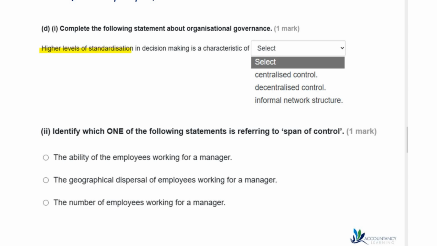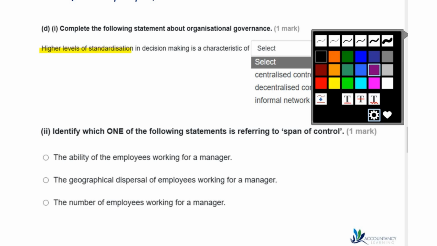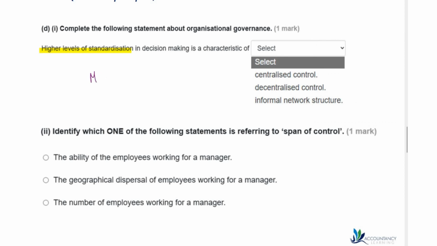So when we're thinking about standardisation, it means that it's managed largely the same way. So there's processes in place, there's procedures in place, and so therefore it will be easier to bring about process and formalities. So therefore it's normally from one place, which means it would be centralised control.